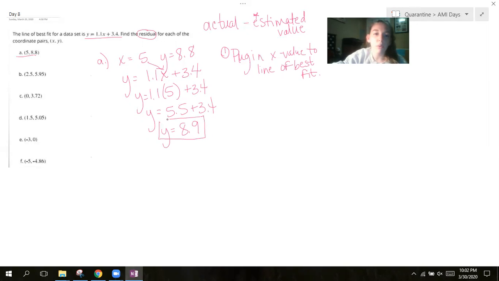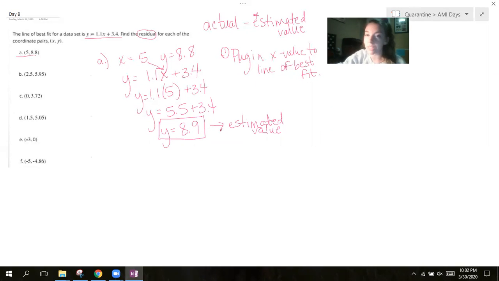So remember, this is our estimated value because we use the line of best fit. And remember, we use the line of best fit to make estimations and predictions, okay? So 8.9 is our estimated value.